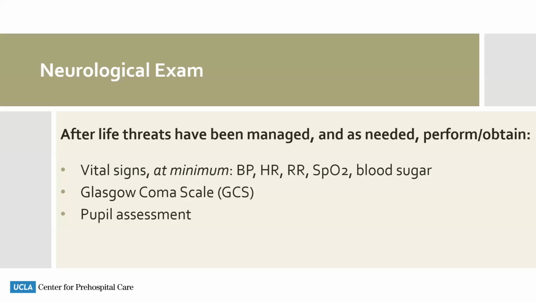Do they respond to light? Fixed and dilated is a bad sign. One pupil may be different than the other. Note that. Very important point. And we're going to do a stroke assessment. Those of you in LA County, the stroke assessment is very well laid out in your protocols.